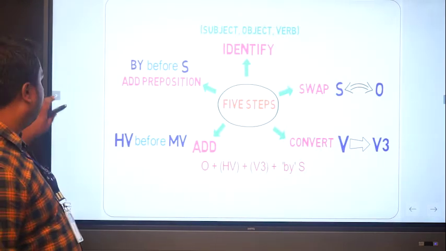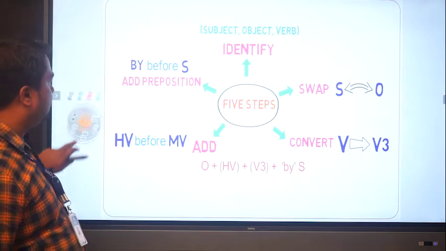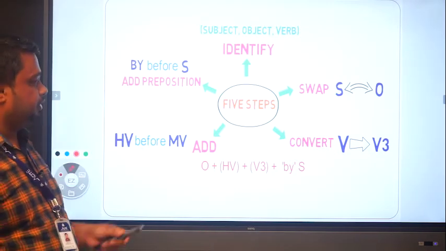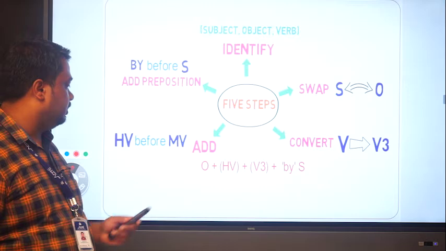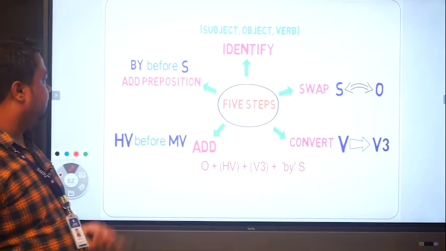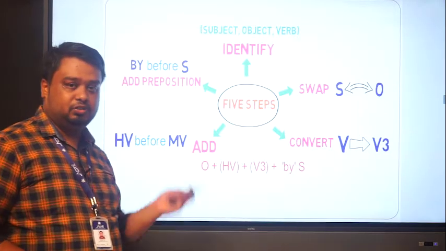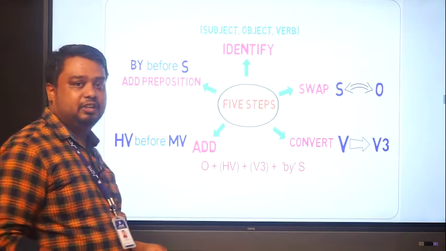What are these 5 steps? The first step is identify, second swap, third convert, fourth add helping verb before main verb, and fifth add preposition by before subject.